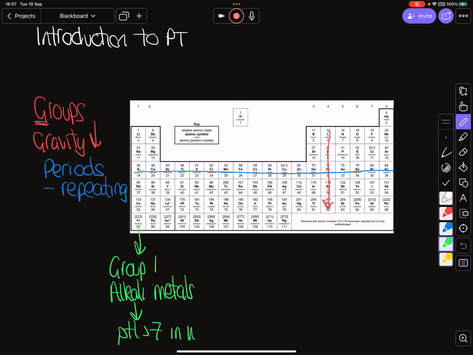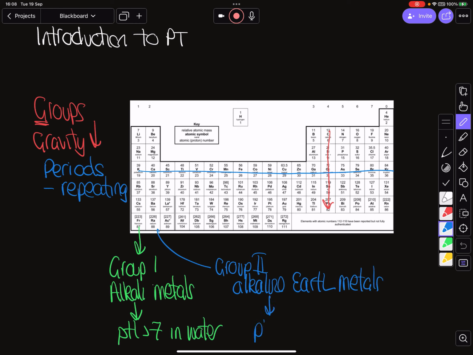Group 2, over here, we call the alkaline earth metals. And they do a similar thing. If you react them with water, they need a little bit more energy in which to do it. But again, with water, they will give you a solution that has a pH greater than 7.